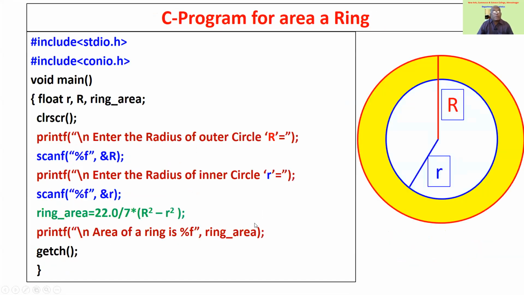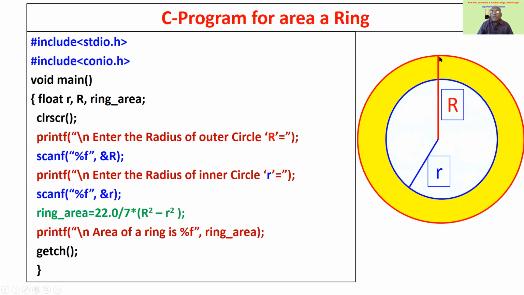Now another program I am showing here is a C program for a ring. See, this yellow region is the ring. The concept of a ring is that you have one outer circle and one inner circle, and whatever region you get in between the outer and inner circle is called a ring.